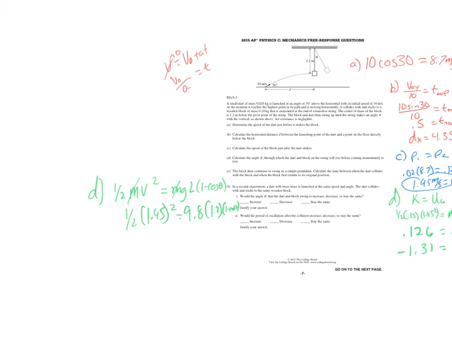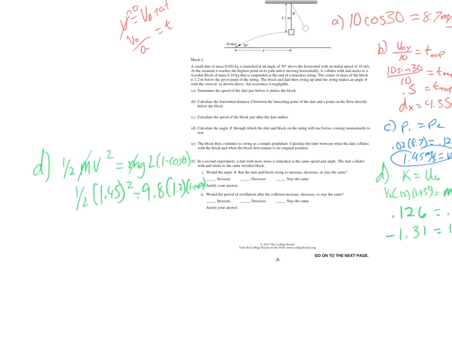Okay, now I'm going to do 0.5 times 1.45 squared divided by 9.8 divided by 1.2. All right, that's better. So we got 0.089 equals 1 minus cosine theta.